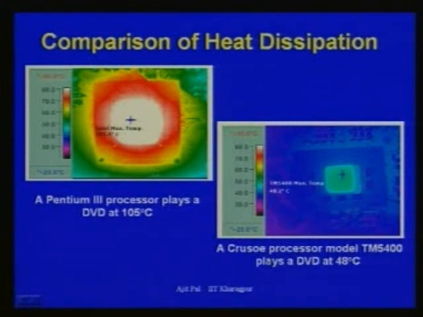Same program if you execute in Crusoe processor, the temperature rises to 48 degree centigrade. So, you see the difference. So, here it is much cooler compared to this. So, you are able to get the same performance, but with a much lesser power dissipation, much lower rise in temperature within the chip. So, this is the software hardware trade off approach.